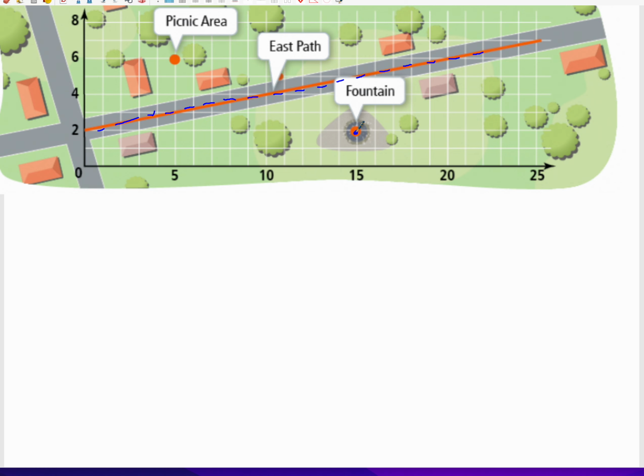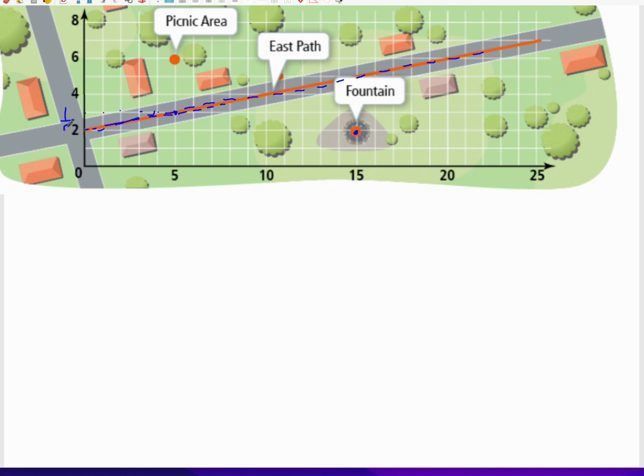So what do I need to do first? Up one, right four. Can I find that slope? Up one, right... 1, 2, 3, 4, 5, I think, isn't it? Yep. So the slope of the east path is 1/5.